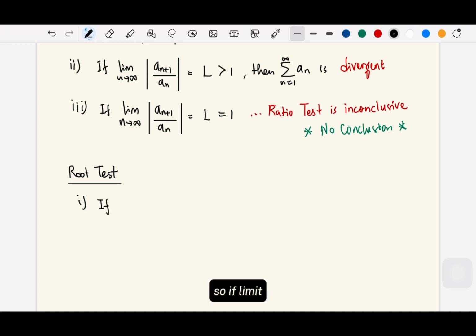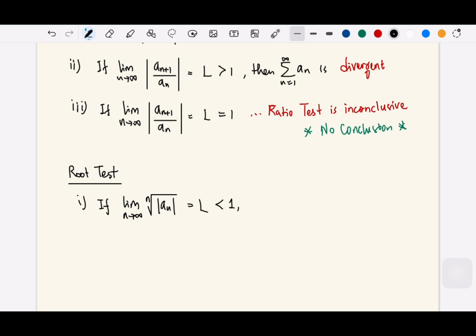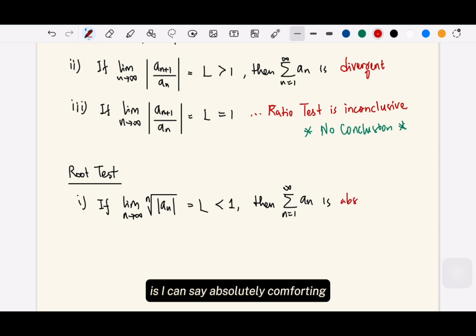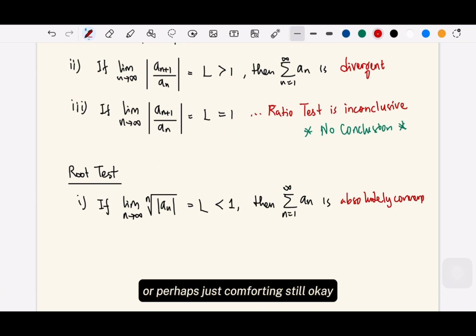So if the limit of the nth root of the absolute value of a_n is equal to L, and L is less than 1, then the series is absolutely convergent, or perhaps just convergent, still okay.